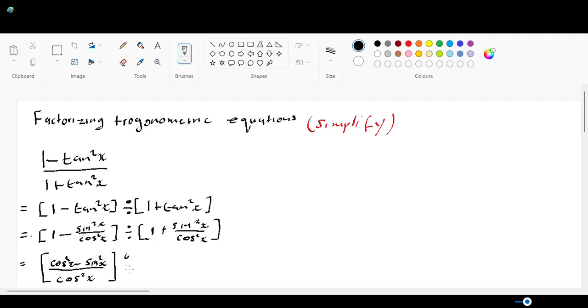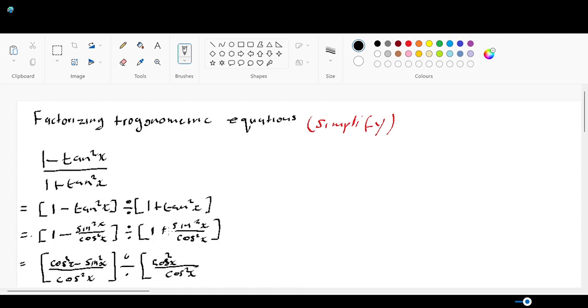Now we do the very same thing this side to look for the common denominator. Now our common denominator here is going to be cos squared x. So we do the very same thing. 1 into cos squared x is going to give us cos squared x multiplied by 1.